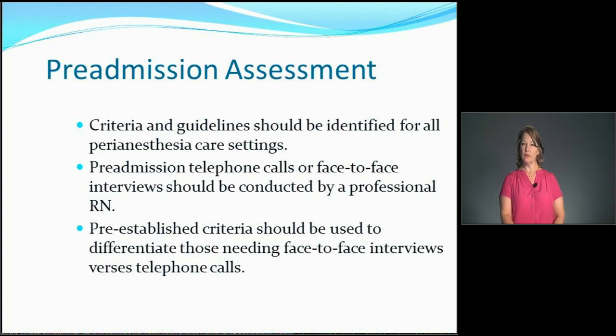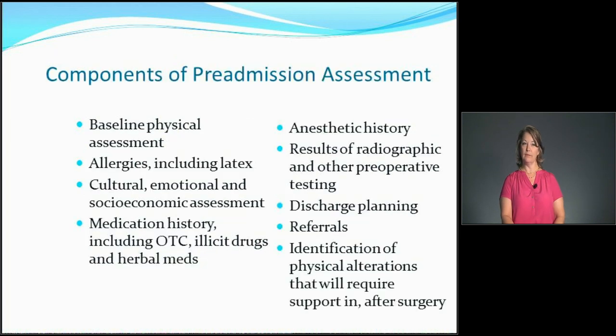And that's based on pre-established criteria, really differentiating the need for those patients that need to be seen face-to-face versus those patients that other forms of media, including telephone calls, may be used to gather the information that's necessary in preparation for surgery. So the components of the pre-admission assessment may include all of these.